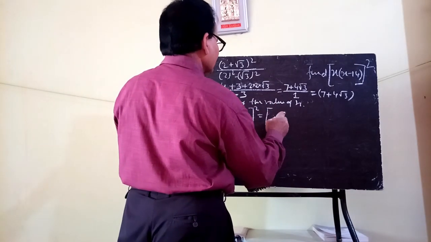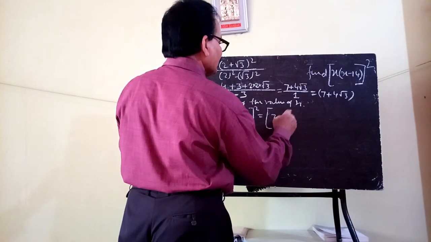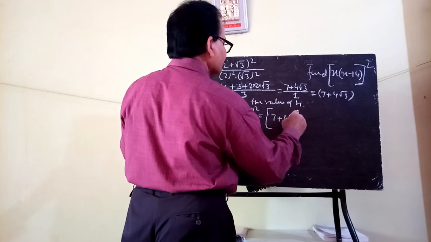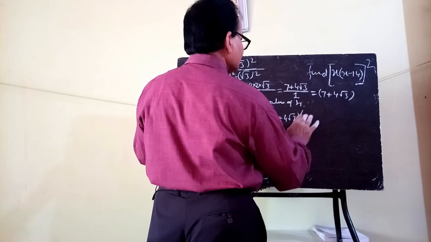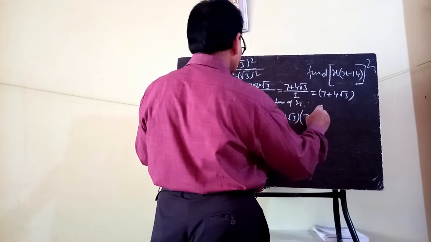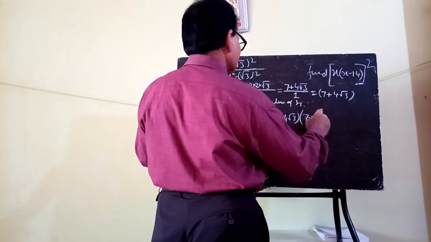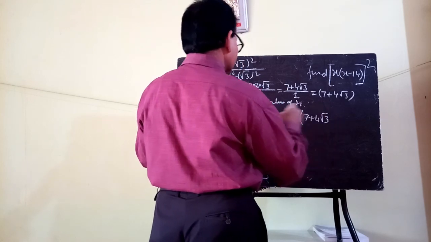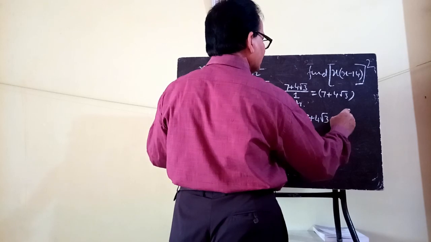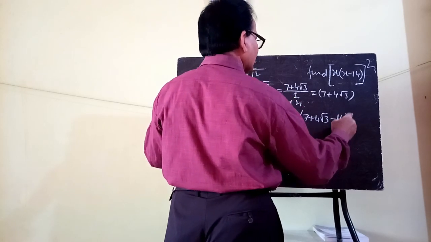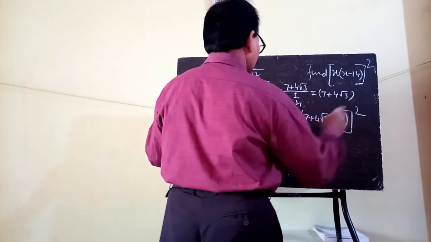Here x is 7 plus 4 root 3, and again 7 plus 4 root 3, this is the value of x, and then minus 14, bracket close and whole square.